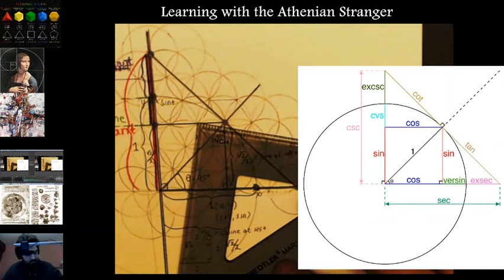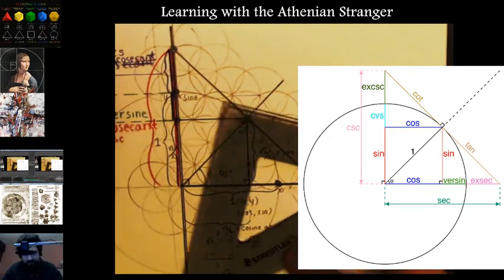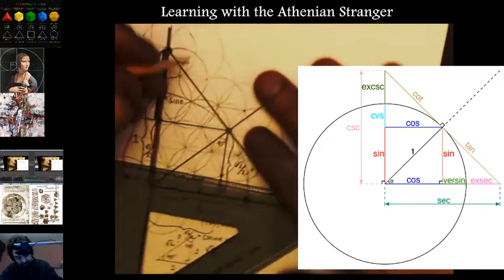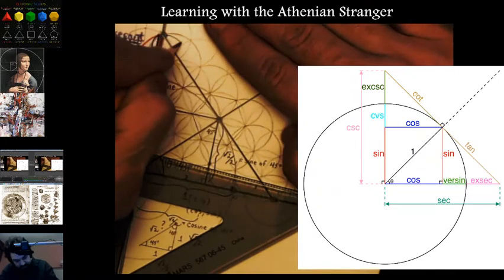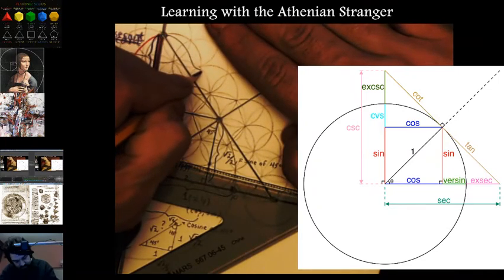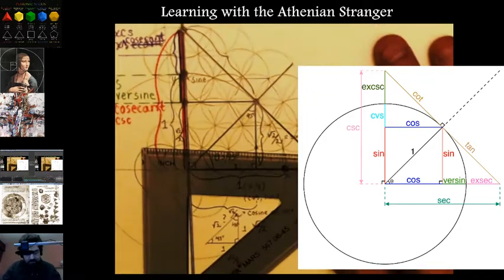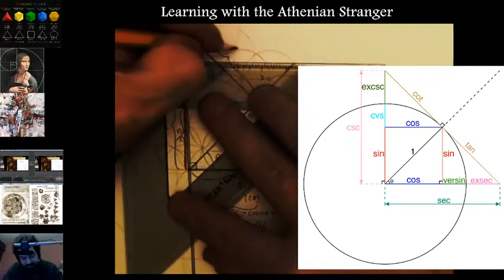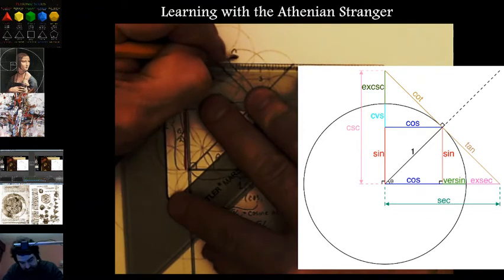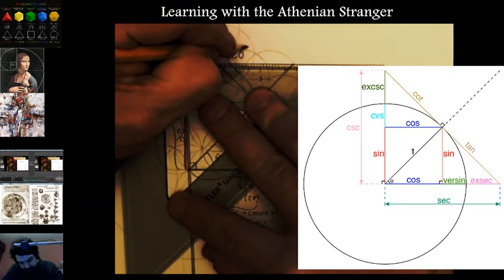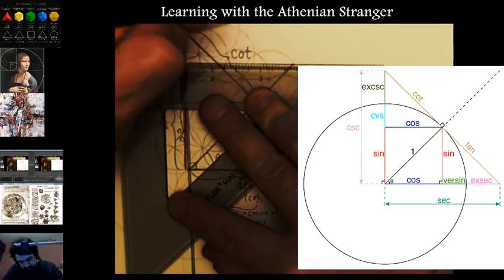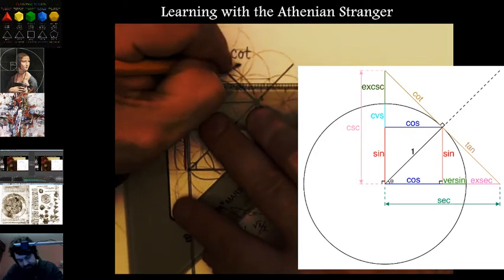So let me just go back to pencil for this one. That's the cotangent right there. COT for cotangent.